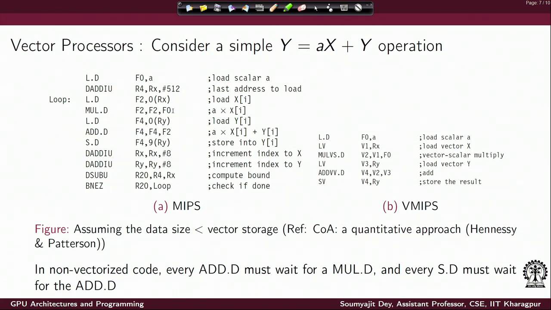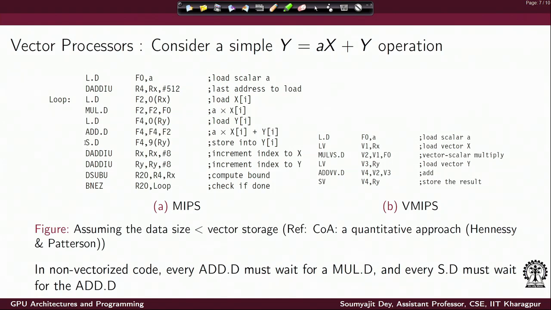There would be a pipeline stall as we have seen earlier, and also if you look at the instruction s.d. The .d of course in MIPS mnemonics means we are working on double data types, just to remember. So this again has to wait for the execution of add to complete. Now, why is that?